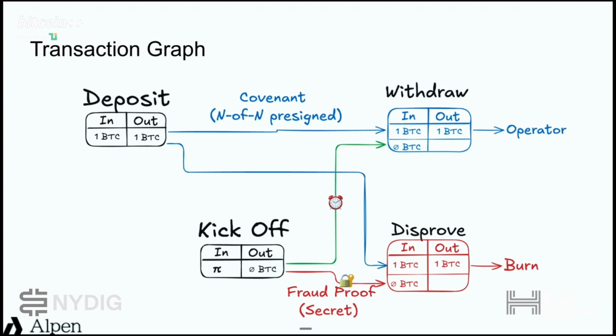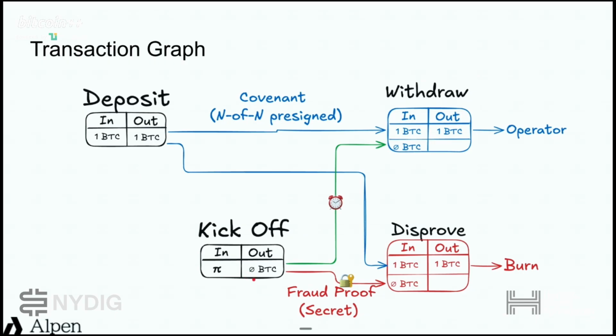Now, suppose I'm an operator and I want to do a withdrawal from the bridge. I go and do the kickoff transaction. Here I put my pi labels on-chain. So here's my proof that I can perform this withdrawal and I can claim that deposit UTXO, that 1 BTC is dutifully mine.